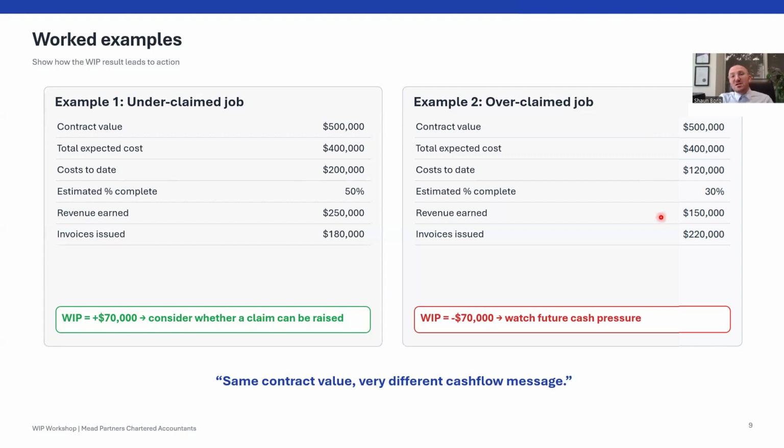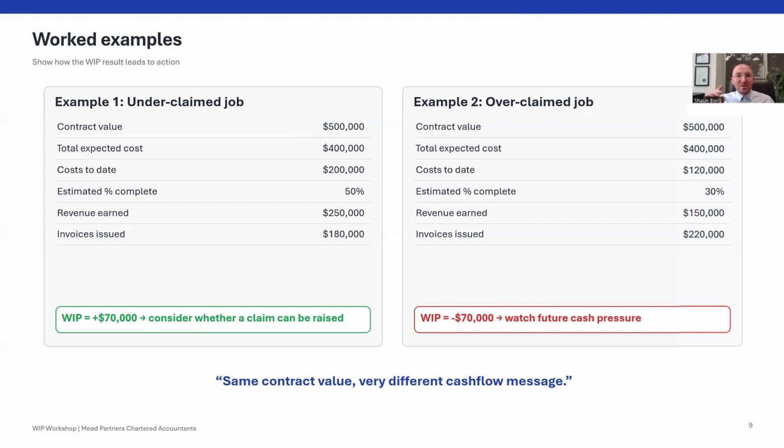So that's the revenue that we've earned to date as far as deliverables on this project. If we've issued progress claims of 220,000, this creates a negative WIP. So we've overbilled as far as where the site's completed. In this scenario, we're likely showing a larger profit than we should. So same contract, very different message.